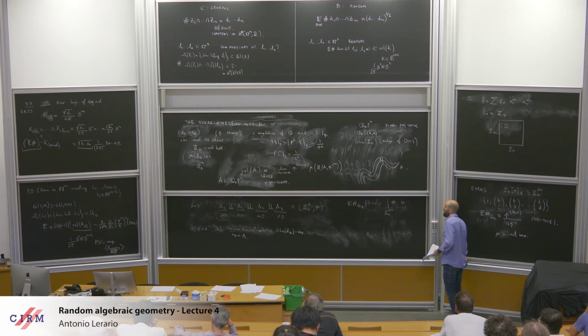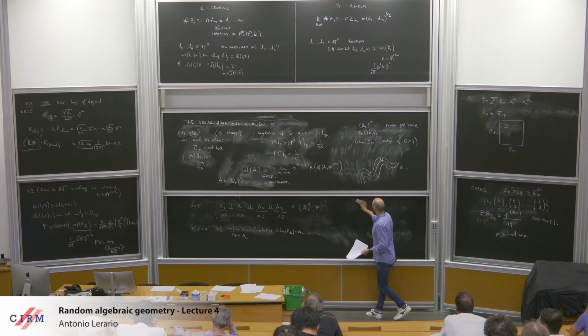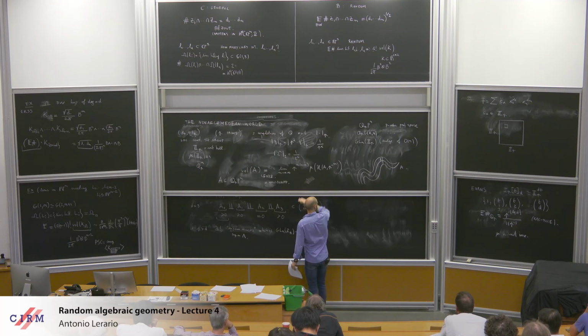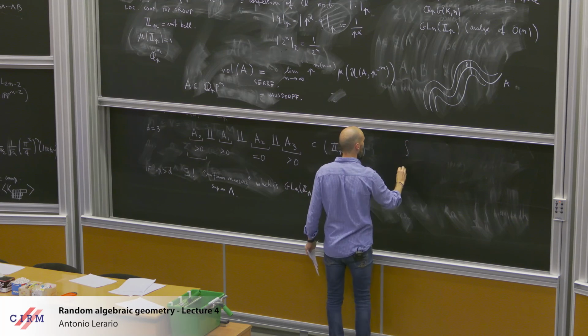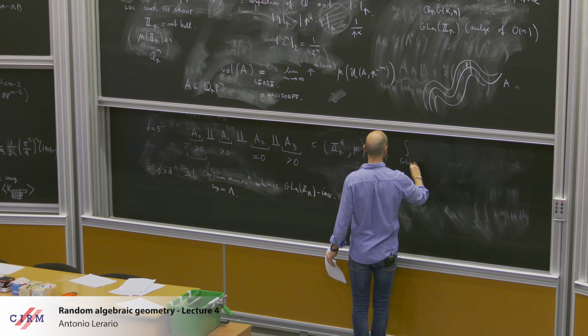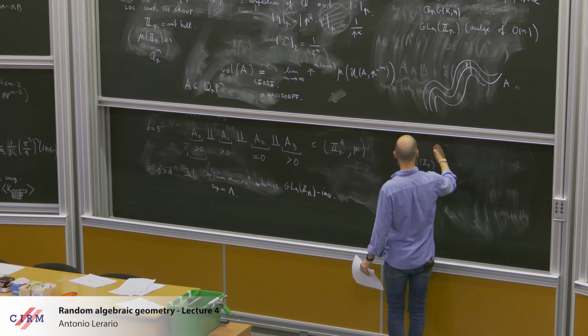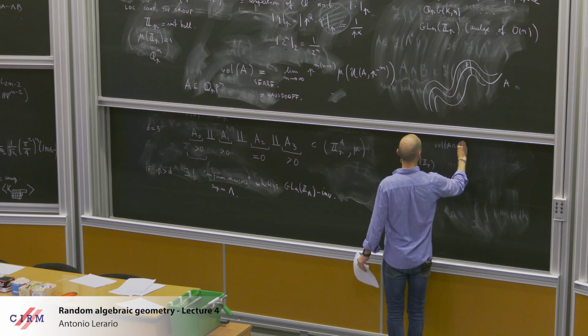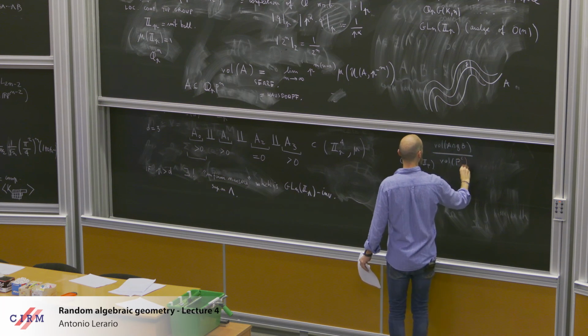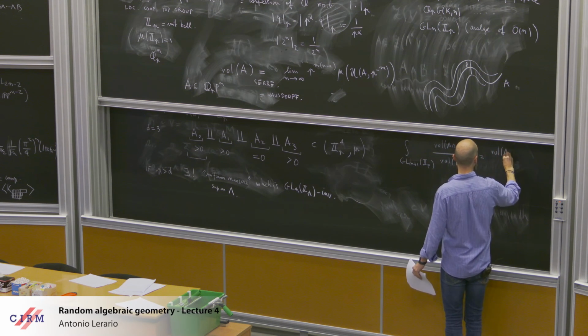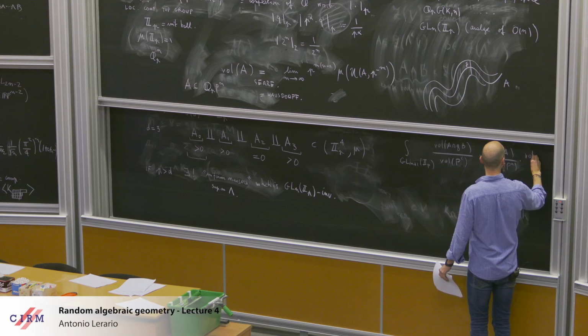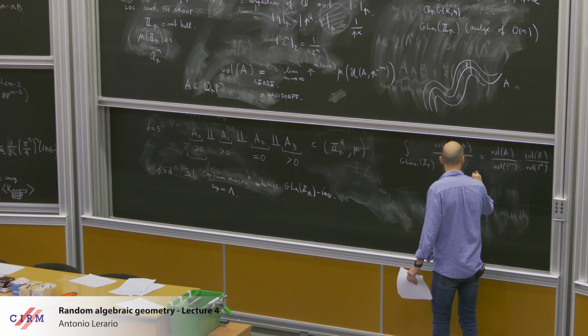But what is interesting is that with this definition of volume, there exists an integral geometry formula which works like this. If you integrate now not on the orthogonal group but on GL_n, it's exactly the same formula that we had over the reals or the complex, but by changing everything to p-adic. This was shown by myself with Avi Kulkarni.